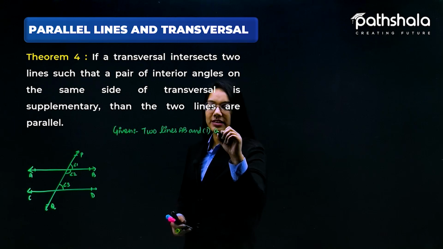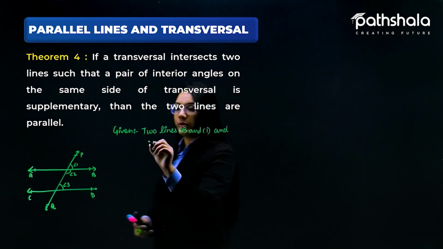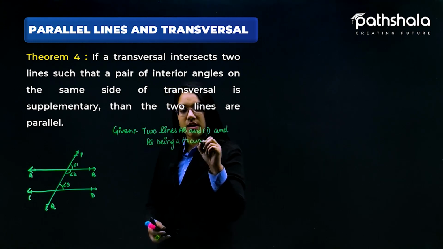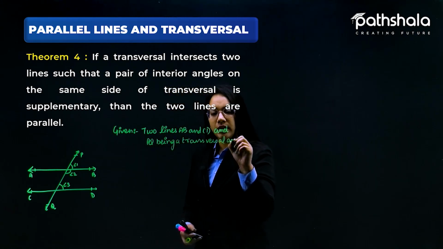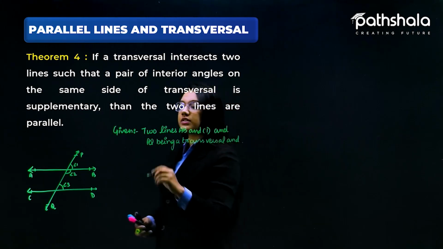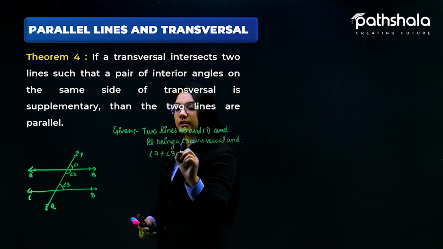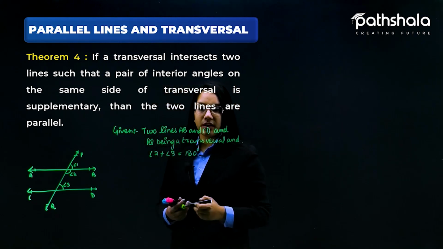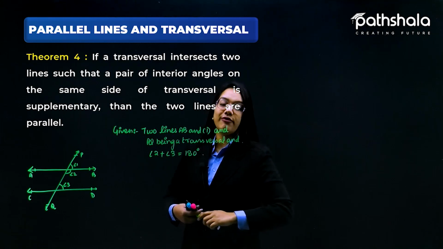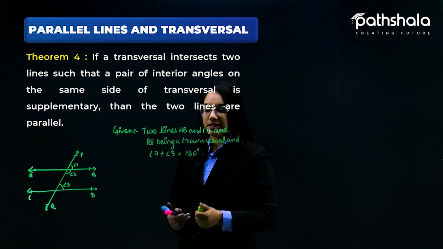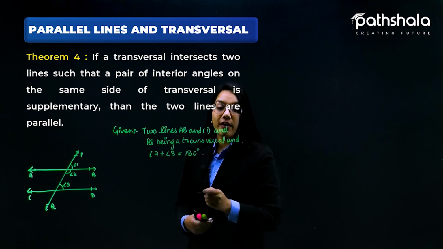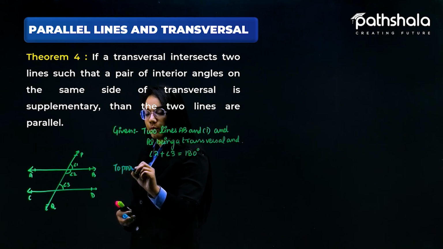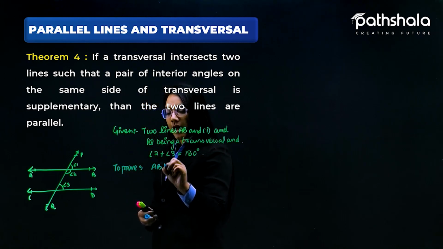Two lines AB and CD, and PQ being a transversal, and a condition is given to us, that is angle 2 plus angle 3 is equal to 180 degrees, because in the question it is given that a pair of interior angles on the same side of the transversal form supplementary angles, meaning the sum is 180 degrees. Now we have to prove that AB is parallel to CD.